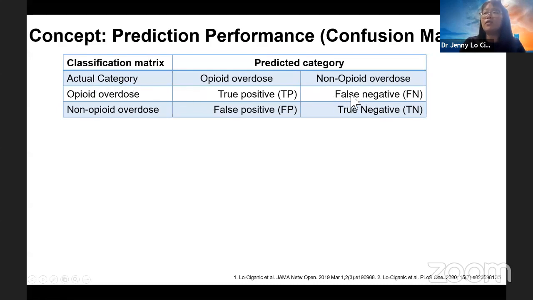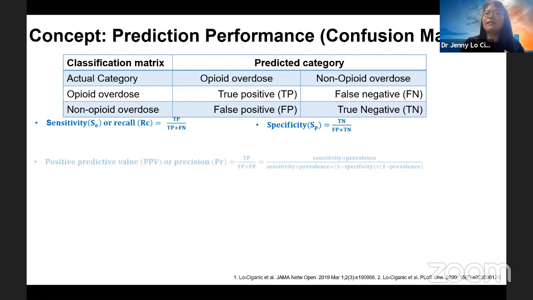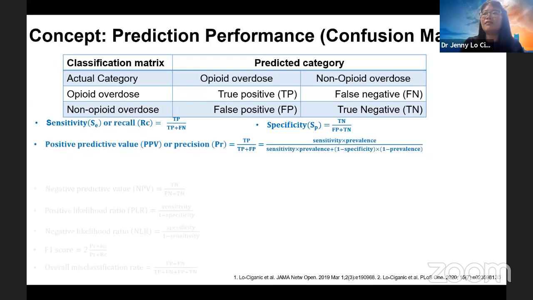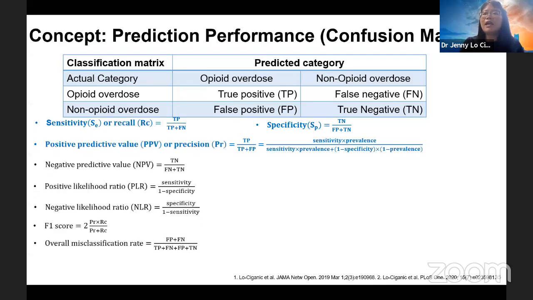If you are familiar with epi terms, sensitivity, specificity, and positive predictive value are different measures that capture these. You can go to my appendix, where I summarize these measures and their definitions.